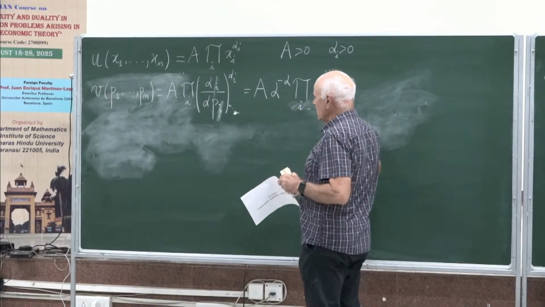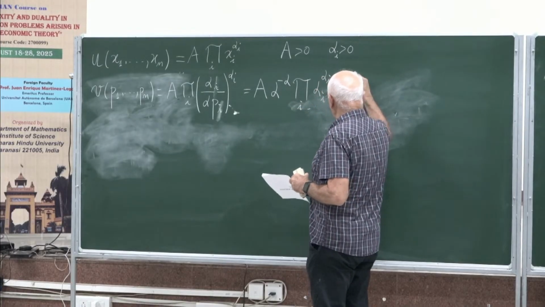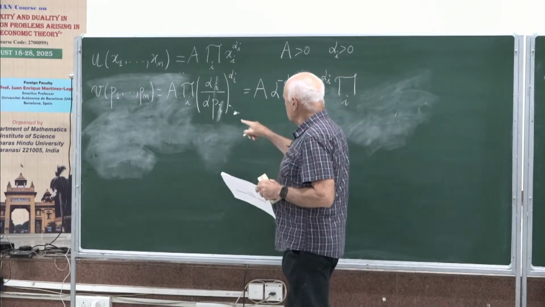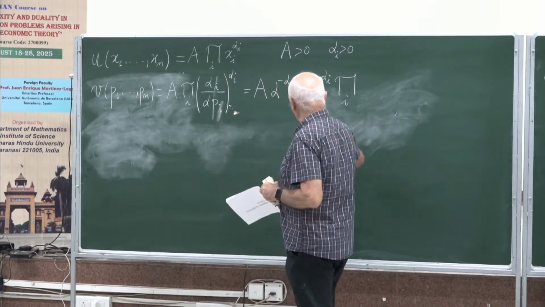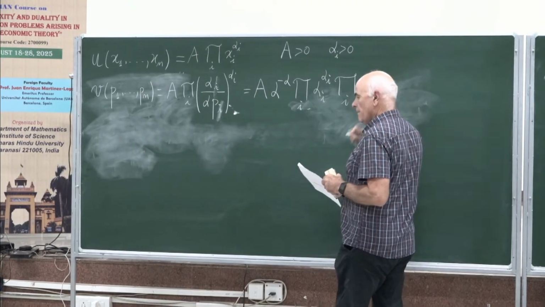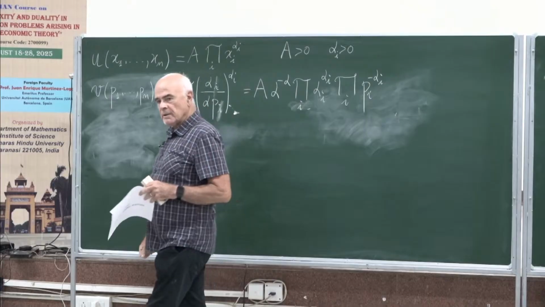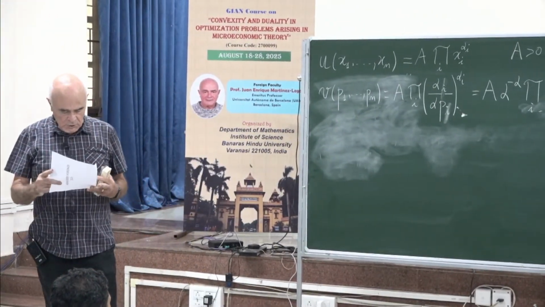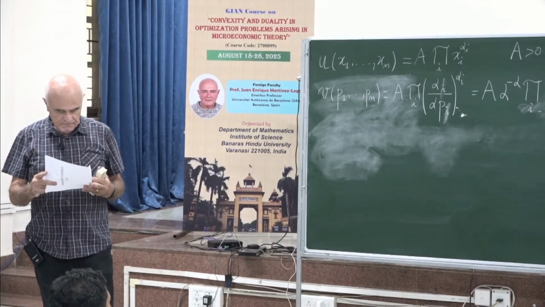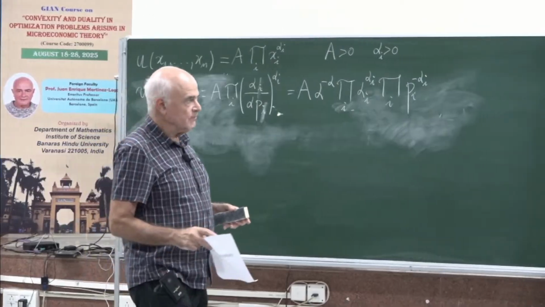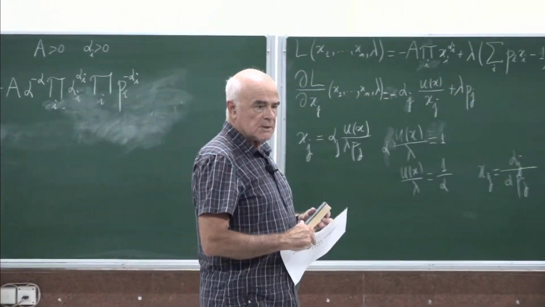So these are all the constants appearing here. And then the variables are the product of pi, which is in the denominator, to the power minus alpha i. So this is the expression of the indirect utility function in the Cobb-Douglas case.